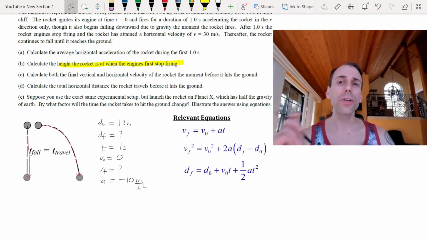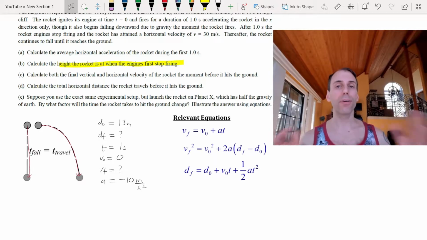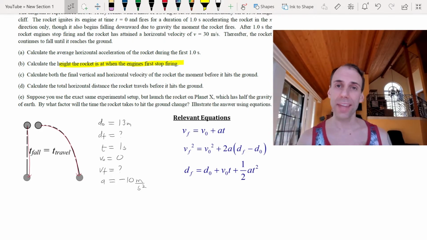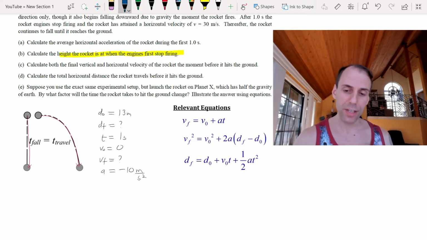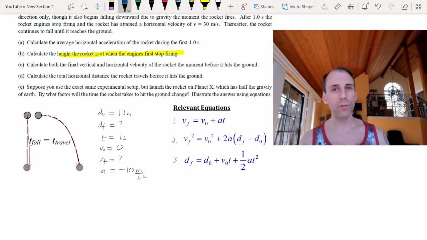You don't need to use negative 9.8. Make your life simpler. Negative 10 is perfectly acceptable, at least on the AP exam. It depends on your teacher how specific they want you to be. Now, we're trying to solve for d final. Which one of these equations is the best one to choose from?